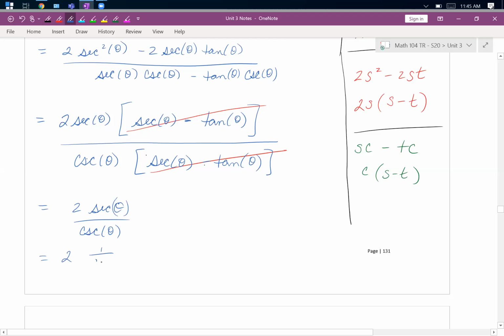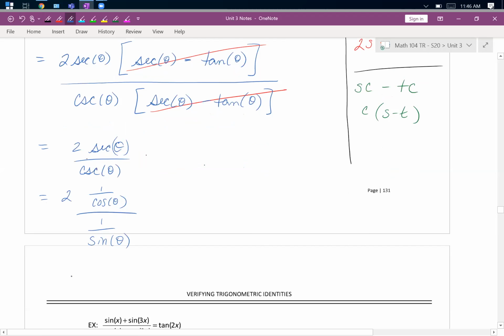So 1 over cosine, and then cosecant is 1 over sine. This becomes 1 over cosine times sine over 1. That is going to be sine over cosine, which gives us 2 tangent. There's our right-hand side.